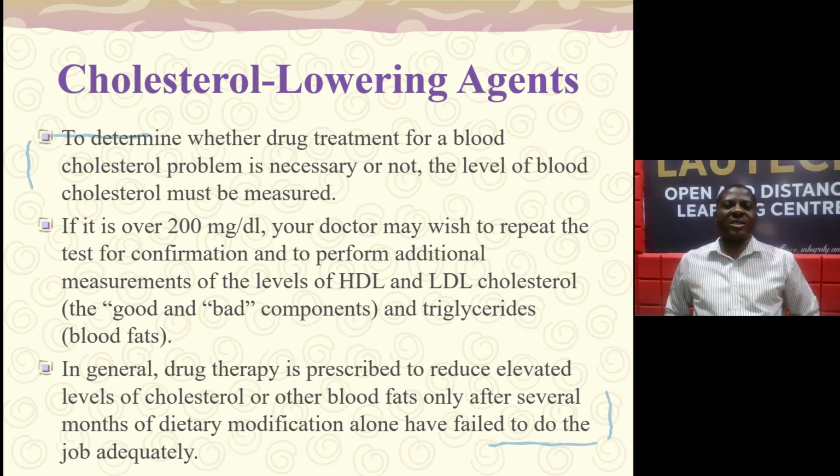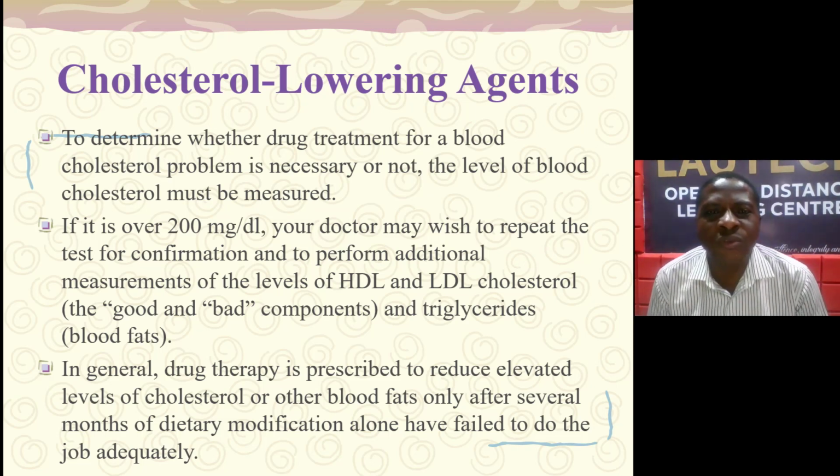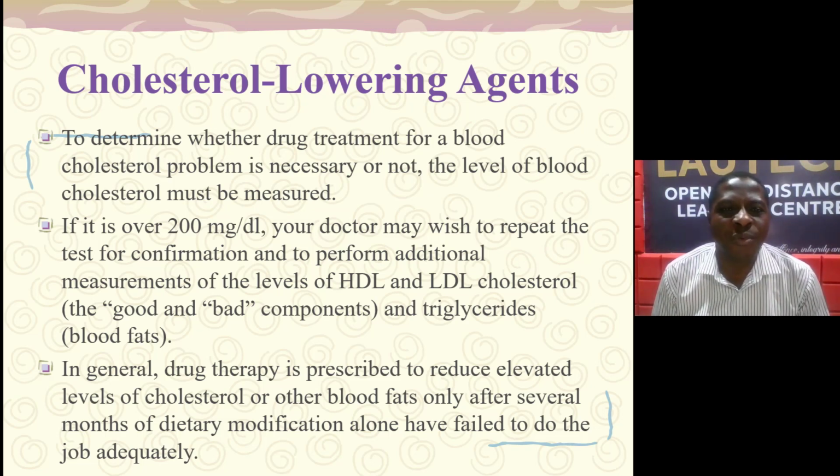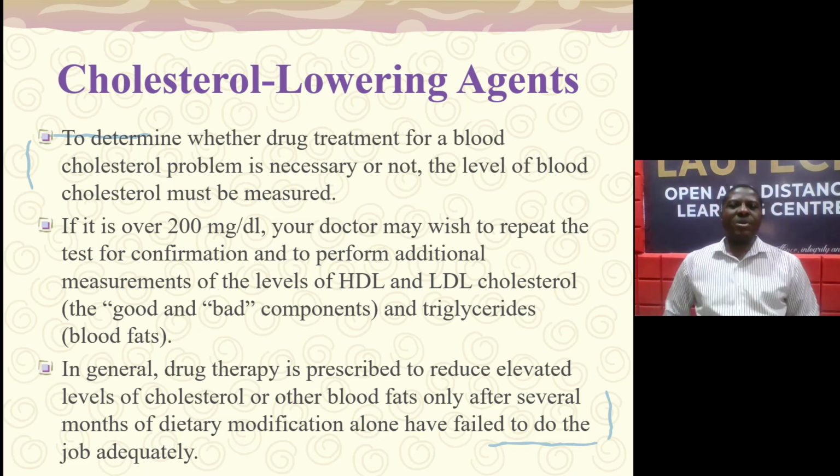Now, I want to look at the last aspect of today's study section, which is cholesterol lowering agents. To determine whether drug treatment for a blood cholesterol problem is necessary or not, the level of blood cholesterol must be measured.